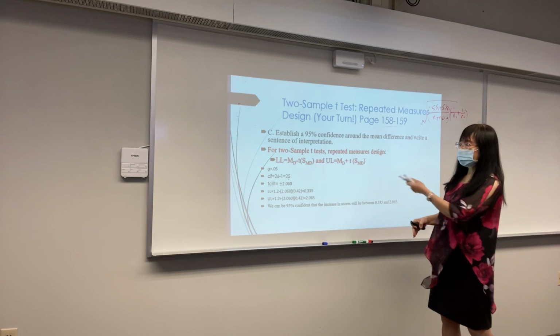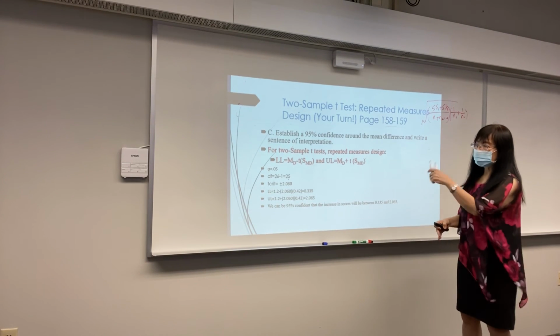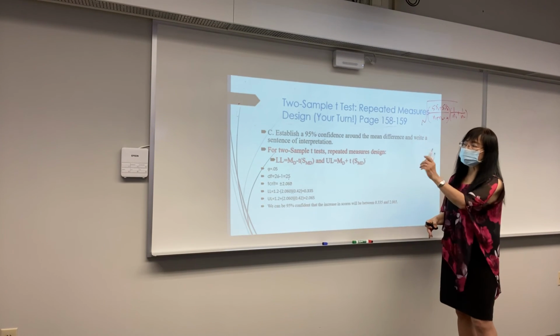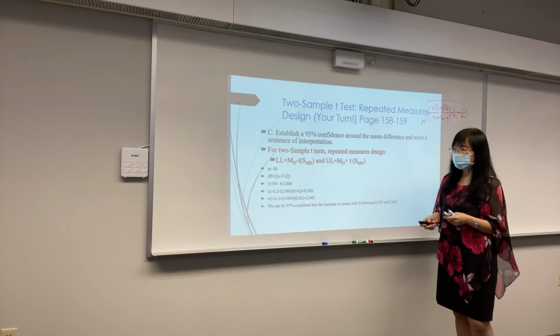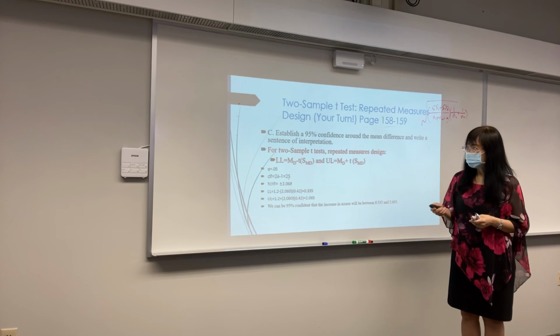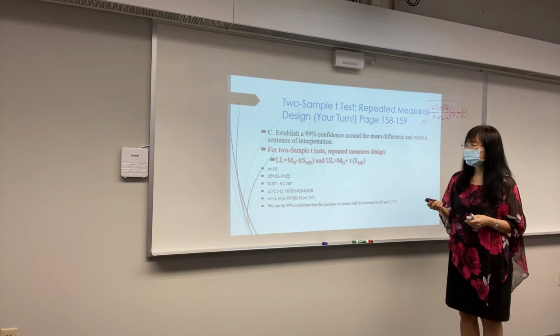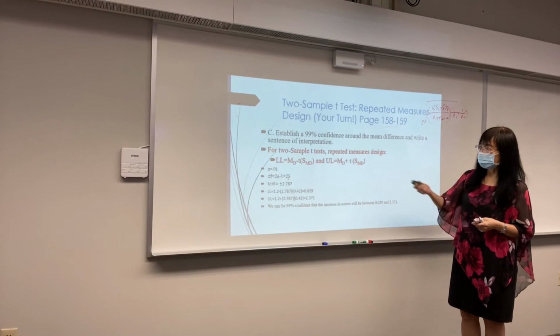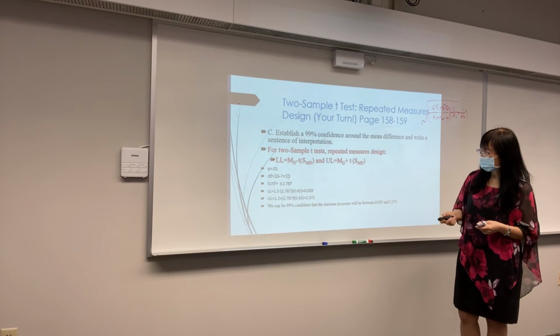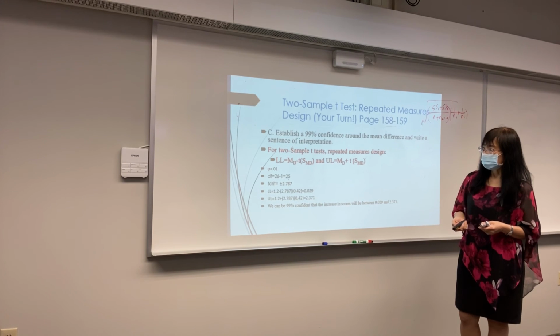And then the next one is 99%. So you just change your T critical; degrees of freedom stay the same. That's 99%, and that's 95%.